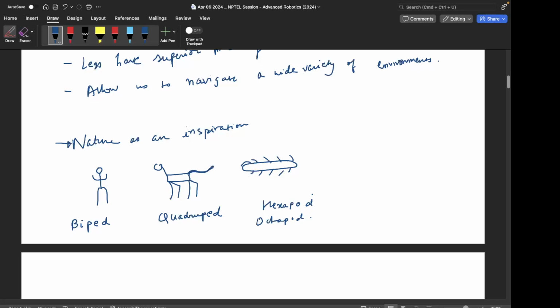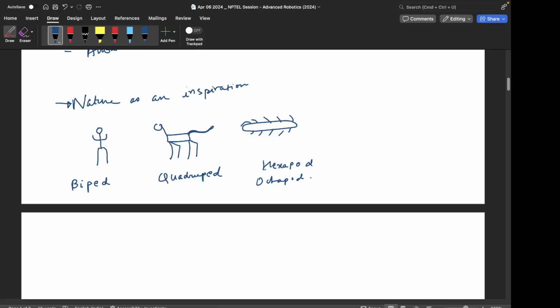For a robot, generally the choice of the number of legs is based on a few very fundamental factors: what is the application that we are looking for, and how complicated it will be to design and to control, because in the end we have to control the robot, right? Firstly, the robot should be stable in different environments, and the control effort should be reasonable.